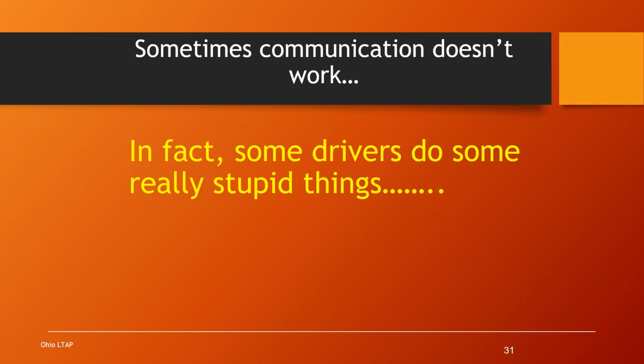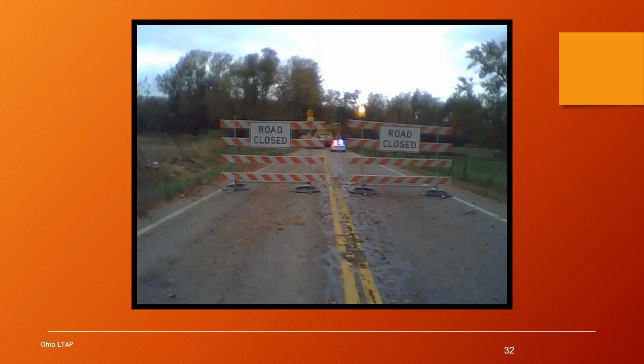So I went ahead and we have pictures of the end result of a stupid driver. So let's see. Here we have a 2-lane rural road. It's obviously closed with our type 3 barricades. We even got signage and a light on it. And this was more than a one-day project, so the road was closed at least overnight.